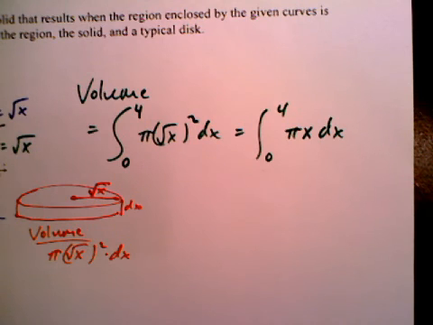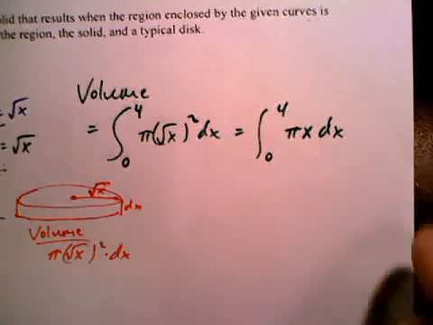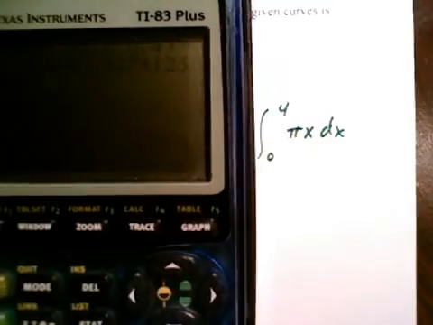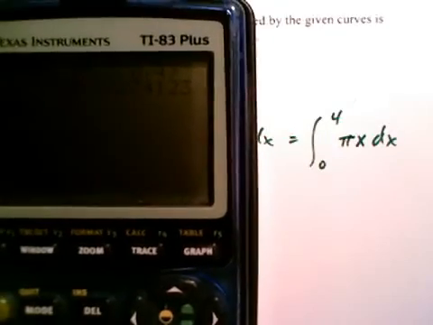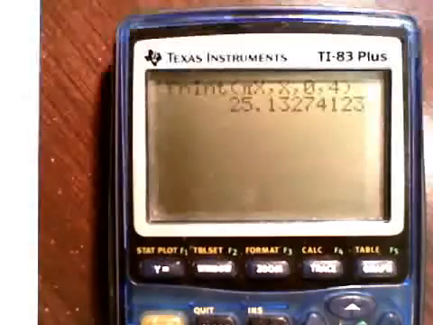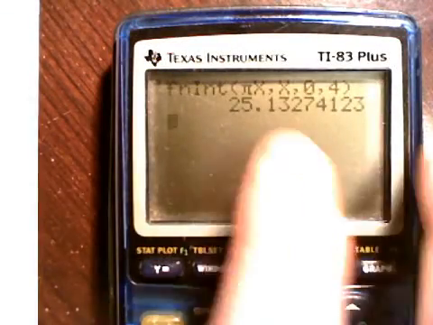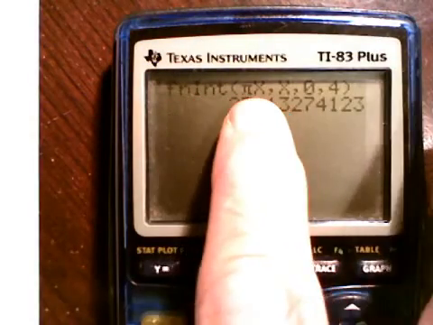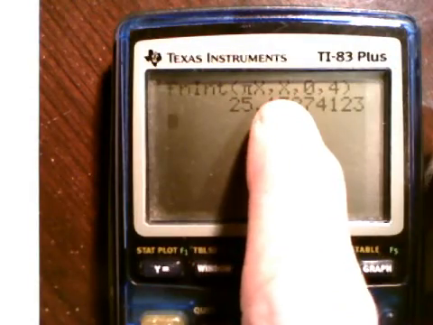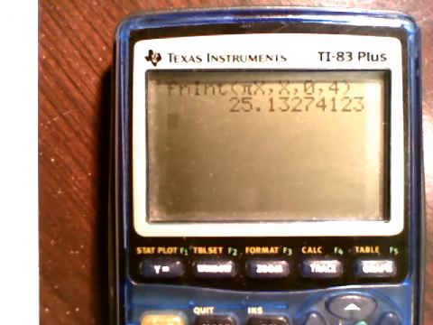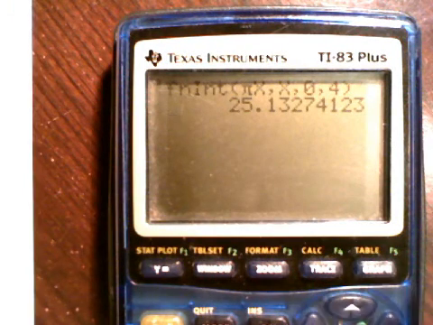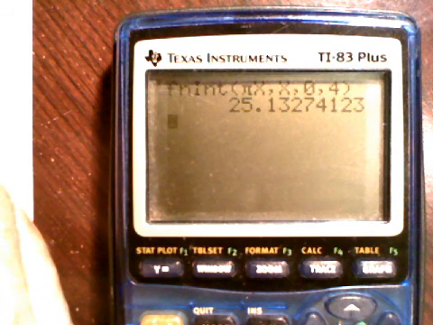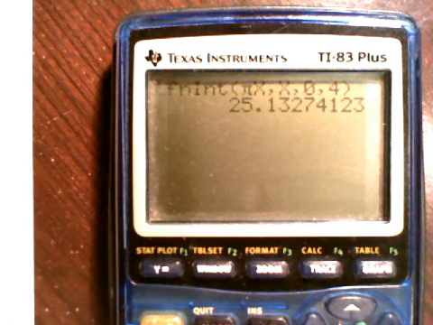You could do this by hand. I don't want to take the time to do that, so I'm going to just show you what the answer would be on the calculator. What you should do is just evaluate the definite integral of pi x with respect to x from 0 to 4, and you can see that we get 25.133. 25.133 doesn't have any units, so just leave it like that.